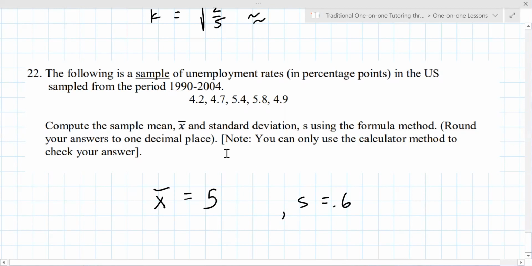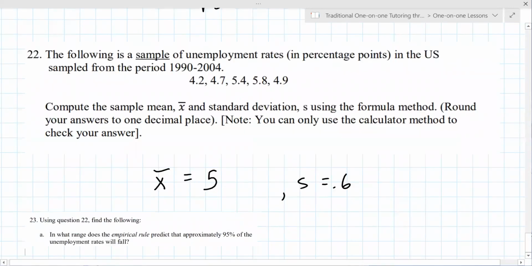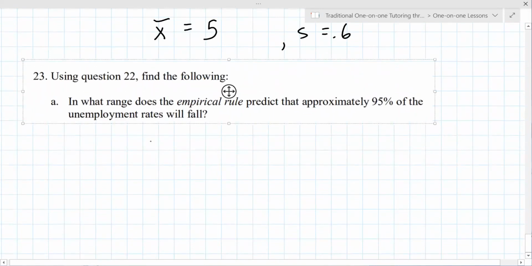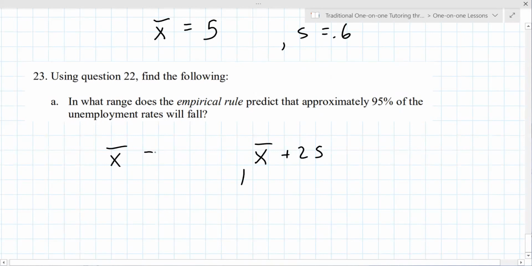Okay. So question 23 is asking, we'll just do it in pieces here, using the empirical rule. So the empirical rule says that 95% of the data falls within 2 standard deviations. So it's like X bar plus 2S and then X bar minus 2S.